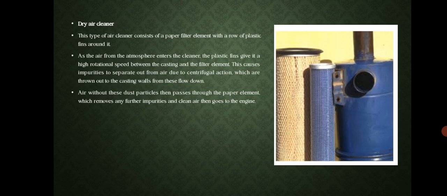This causes impurities to separate out from the air due to centrifugal action, and they are thrown out to the casing wall, from where they flow down. Air without these dust particles then passes through the paper element, which removes any further impurities, and clean air then goes to the engine.